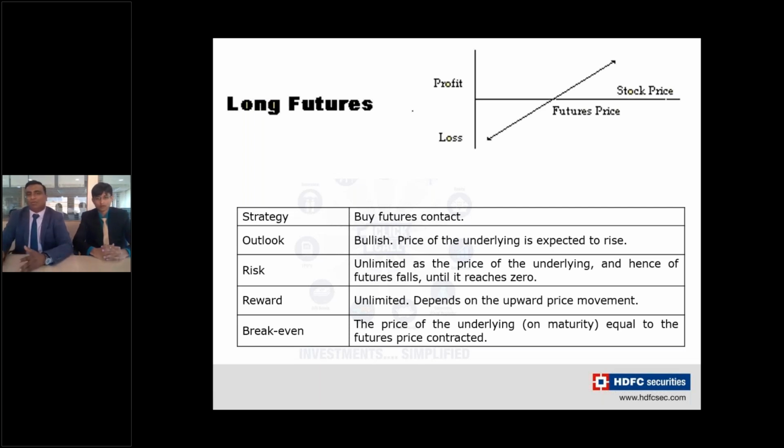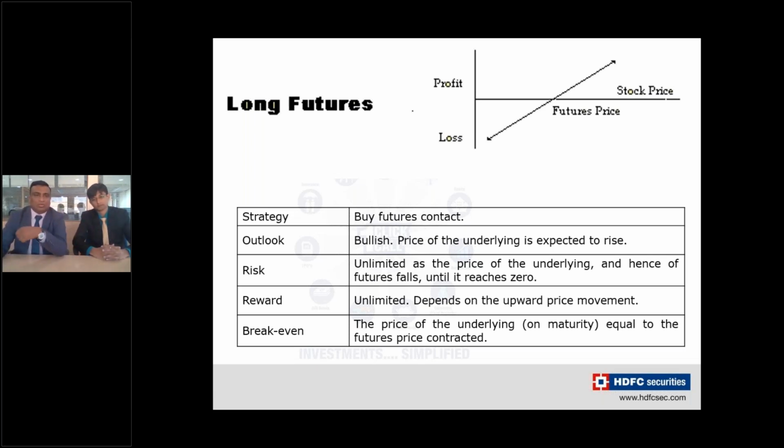So basically, the risk and reward are unlimited in futures. When the futures expire, on the last Thursday of the month, I will have to calculate the profit and loss, based on the difference between the price at which I entered and the closing price.